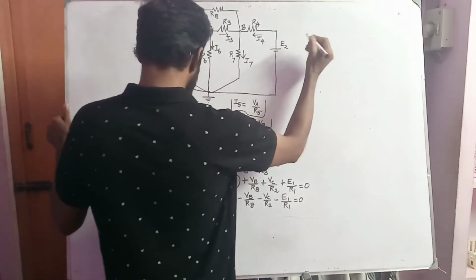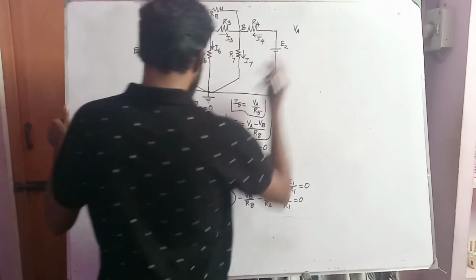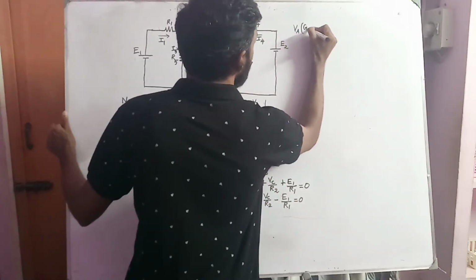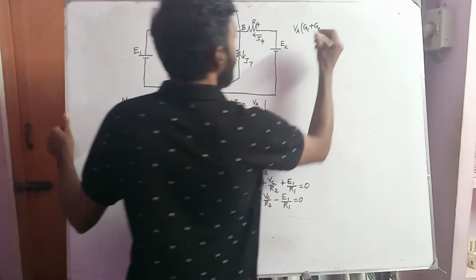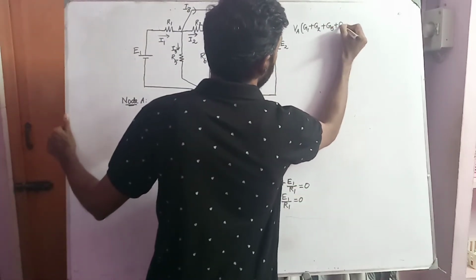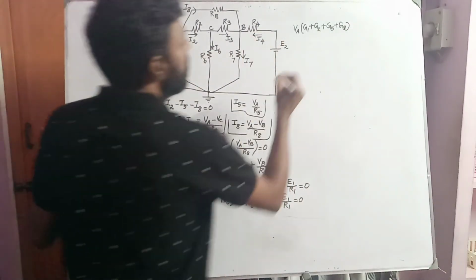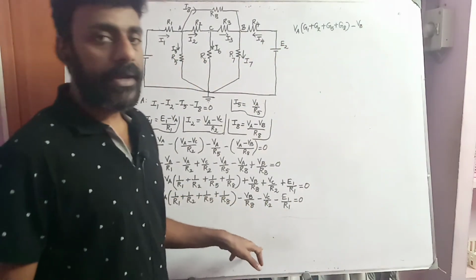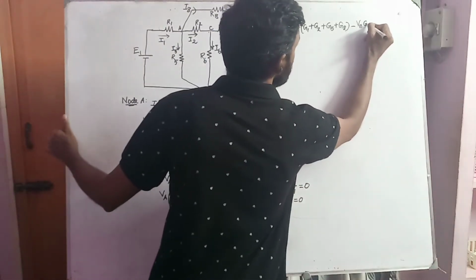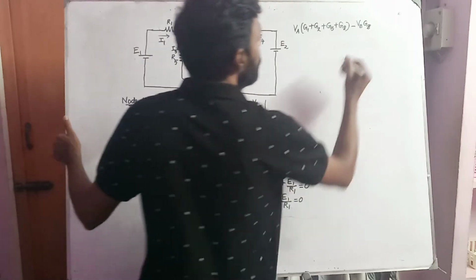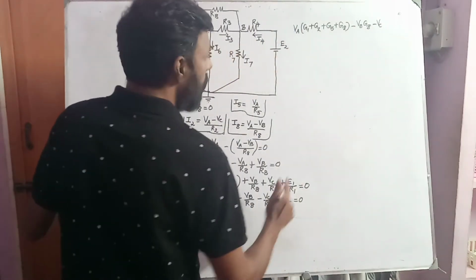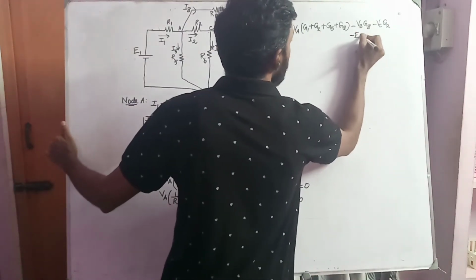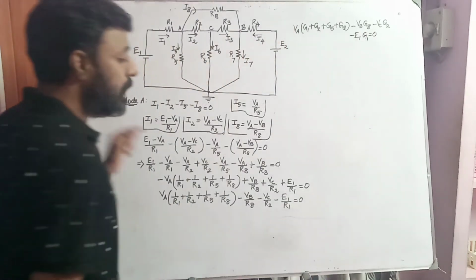So I can write this expression as VA into 1 by R1, 1 by R2, 1 by R5, 1 by R8 written as G1 plus G2 plus G5 plus G8, minus VB into 1 by R8, which can be written as G8, minus VB G8, minus VC G2, minus E1 into G1 equal to 0.